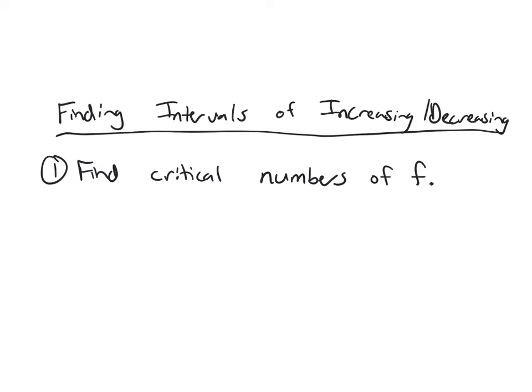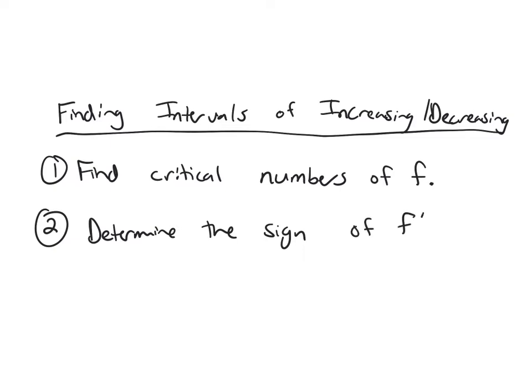If you look back at our example from the last video, that's exactly what we did. And then determine the sign of our derivative, f prime of x, at one test value in each interval.